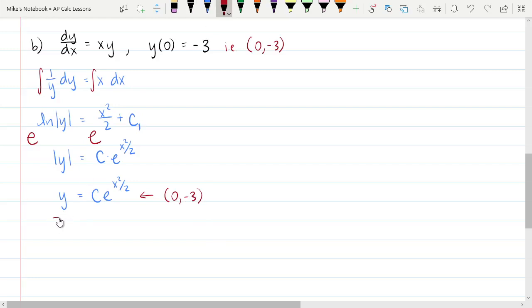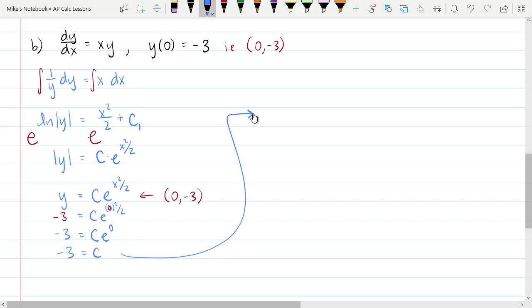I'm putting in a negative 3 for my y, putting in a 0 for my x, and then that's going to be negative 3 equals c times e to the 0. E to the 0 is just 1, so we just get that c is negative 3. So that means that my particular solution becomes y equals negative 3 e to the x squared over 2.